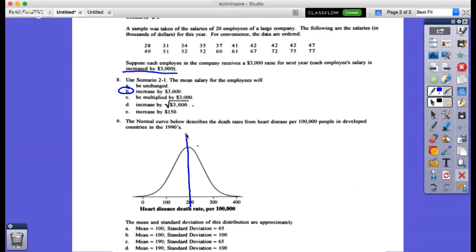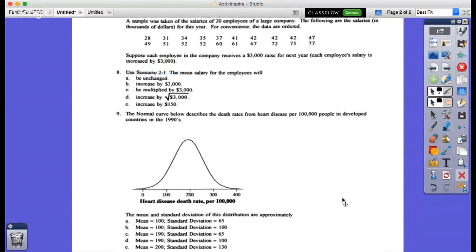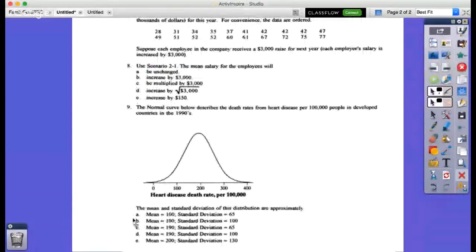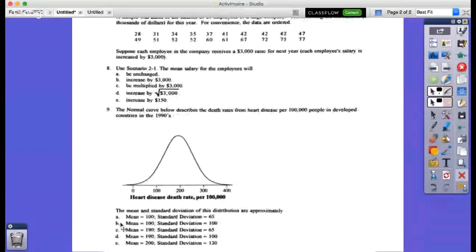Would 100 be that? No, so we could cancel those out. That always helps me if I can simply cancel one out. All right, there's one down there that was kind of hidden. That was 200, right? So we can come back to that in just a second and see if that one was the correct one. Before we go to C, D, and E, because 190 is pretty doggone close, it's really hard to tell which one it would be.